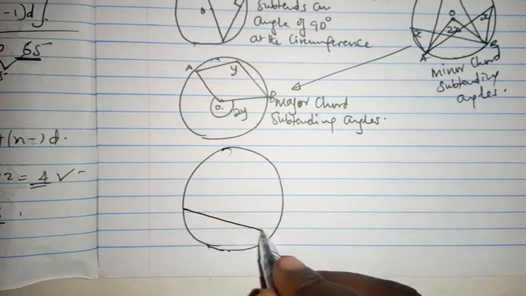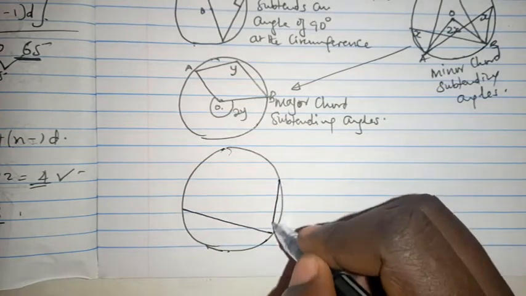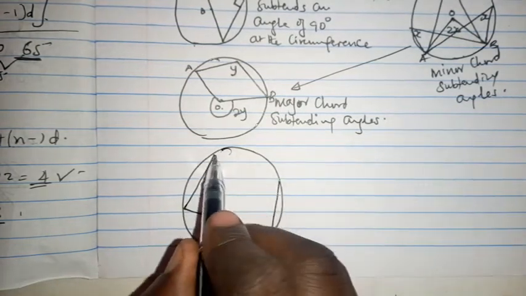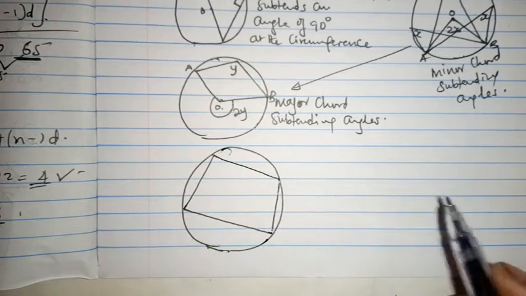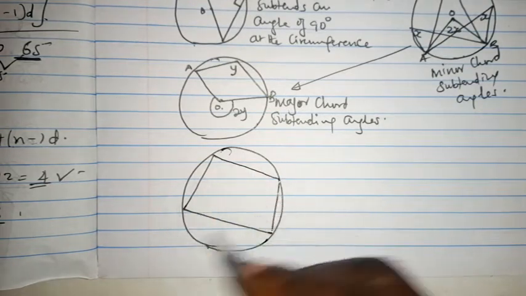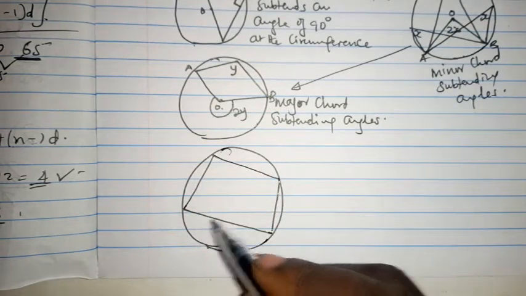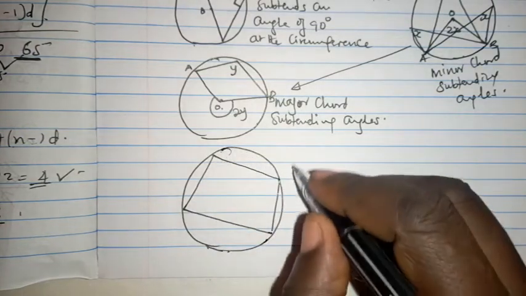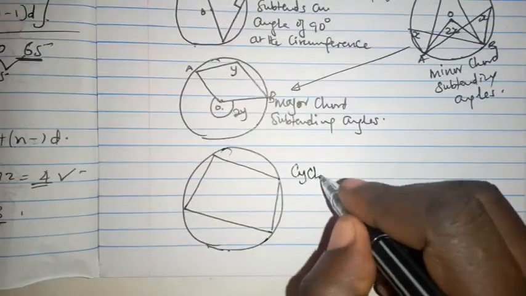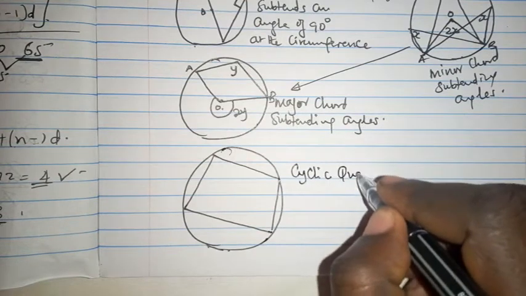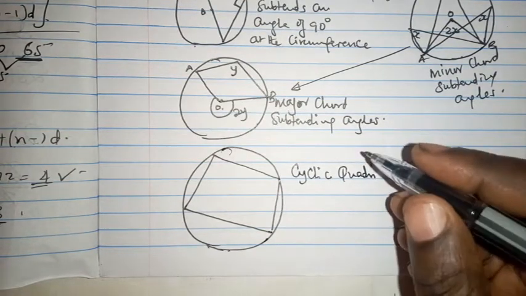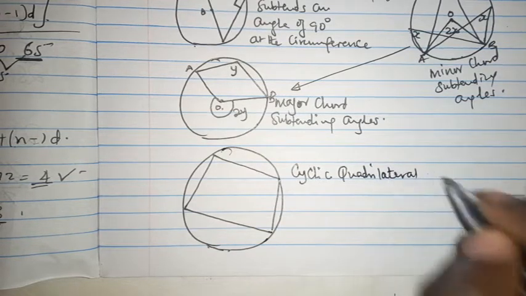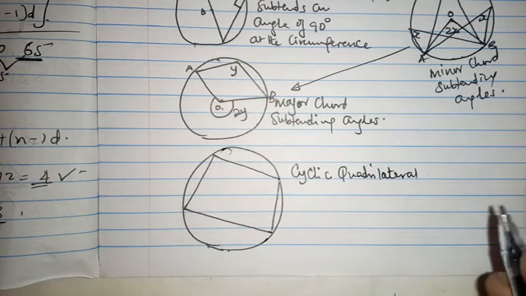When we have a chord like this, a quadrilateral is a four-sided figure that fits inside a circle with all vertices of the four-sided figure touching the circumference of the circle. This one is a cyclic quadrilateral.